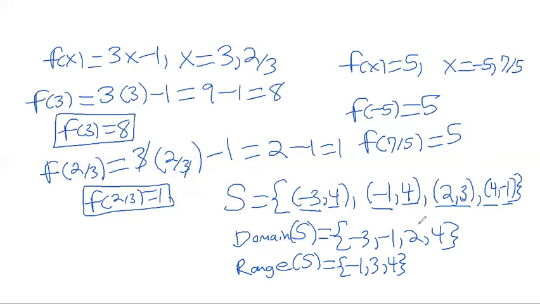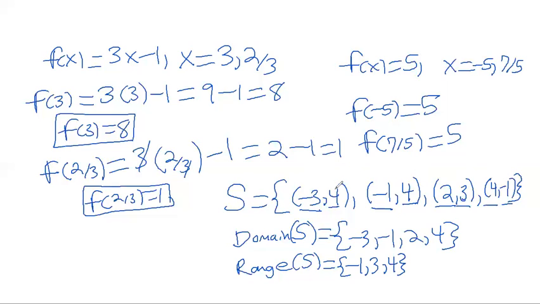Now, if they ask you, given this set of points, is this a function? By definition, a function is for every one input, there's going to be one output, or for every one x value, there's going to be one y value. When I input -3 for x, y is 4, x is -1, y is 4, x is 2, y is 3, x is 4, y is -1.